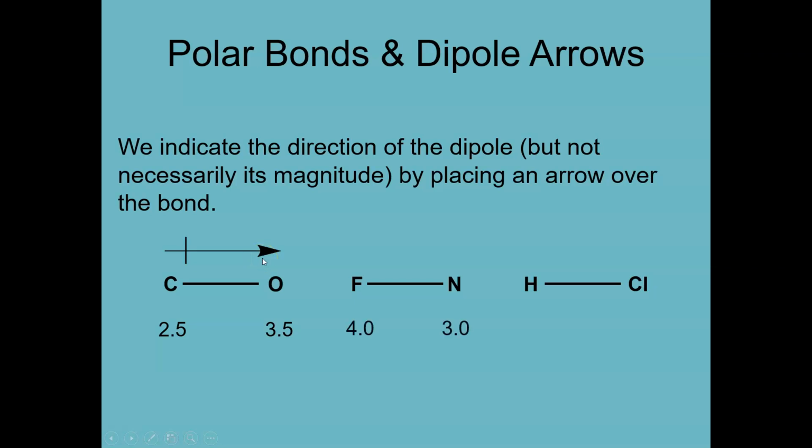This next bond, fluorine is the more electronegative element, and so we would draw the dipole arrow in the opposite direction with the partially negative end over fluorine and the partially positive end over nitrogen. And finally, for a hydrogen-chlorine bond, which we actually saw in the electrostatic potential models earlier, hydrogen is less electronegative than chlorine, and so the bond dipole arrow is going to go in that direction.